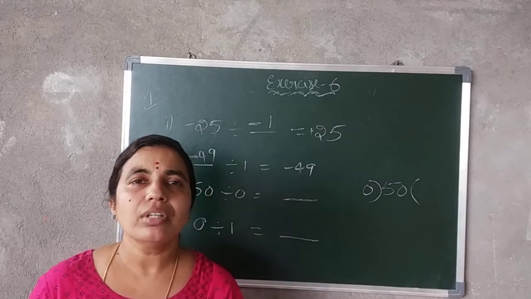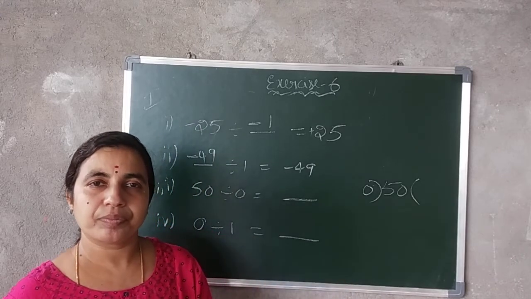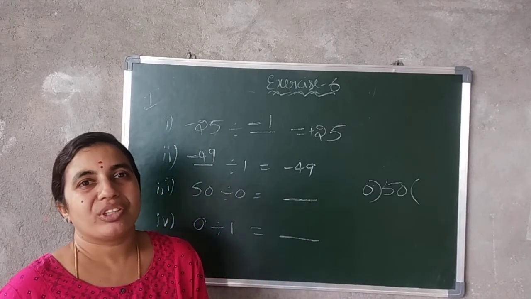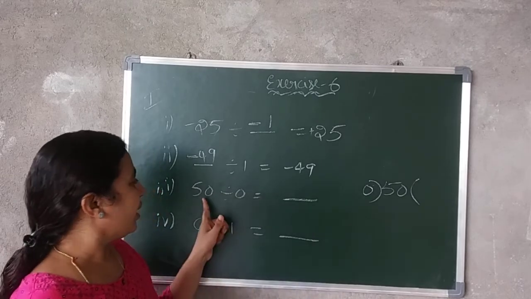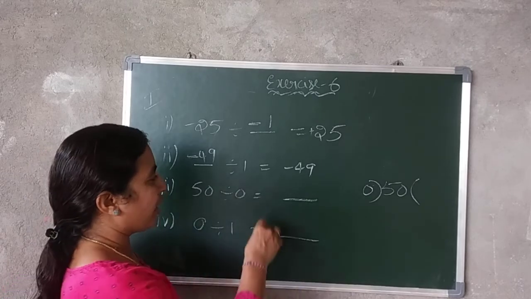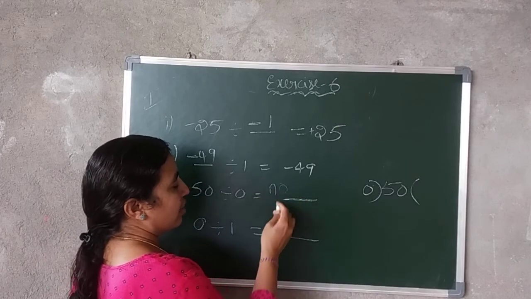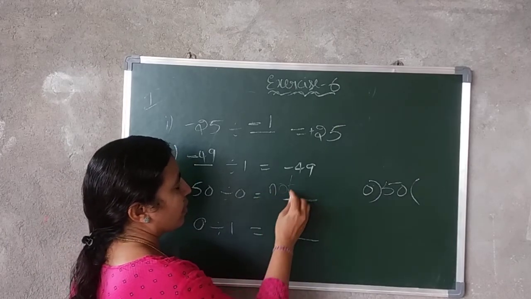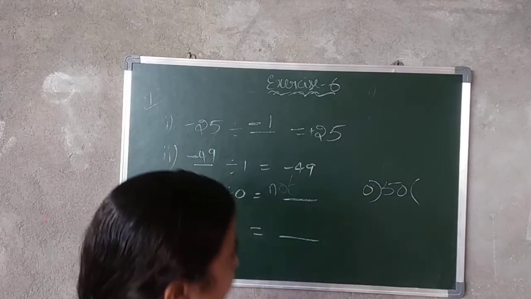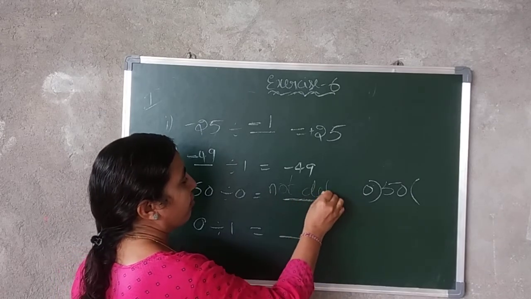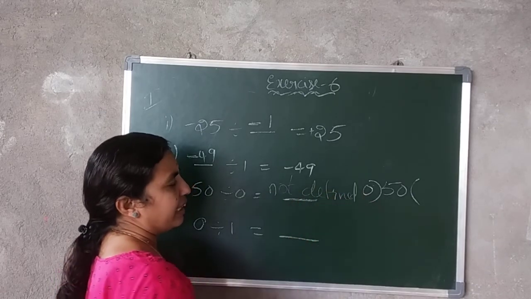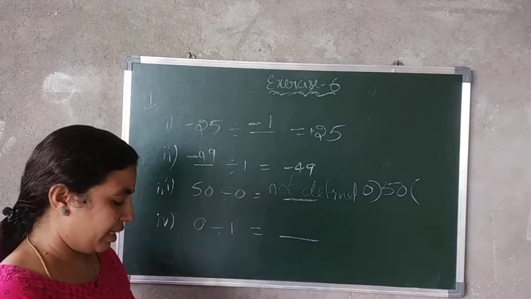So how can you identify which number is correct? That means it is not at all possible to divide a number by 0. So we have to write it as not defined.